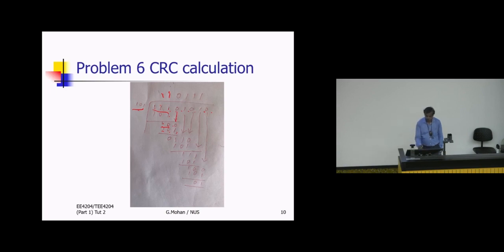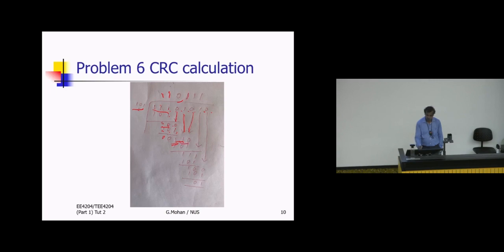So 0 minus 1, 1. 0 minus 0, 0. 1 minus 1, 0. Actually here we have only one bit. It should start with a non-zero, right? So you bring one bit down, you have 2 bits, not adequate. So put 0 in the quotient.